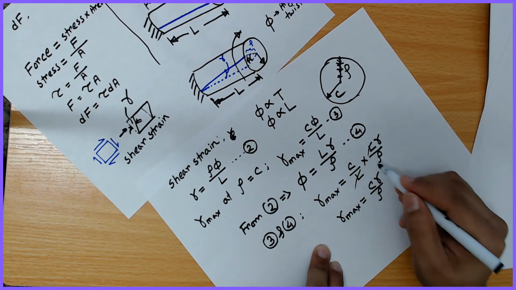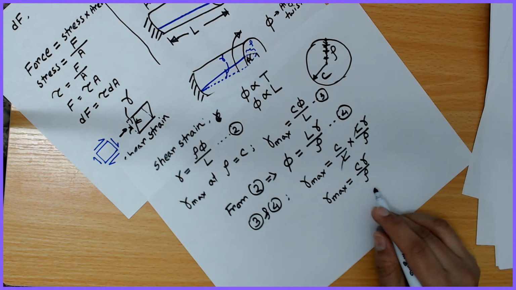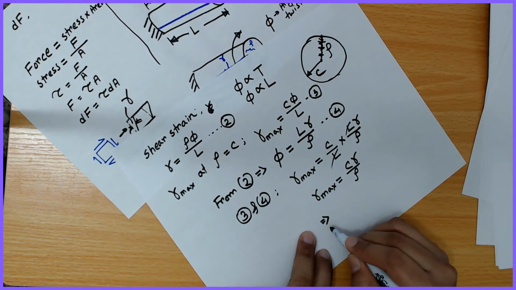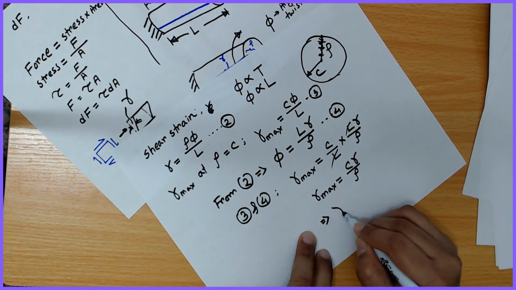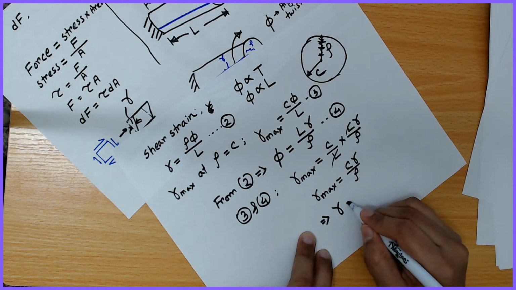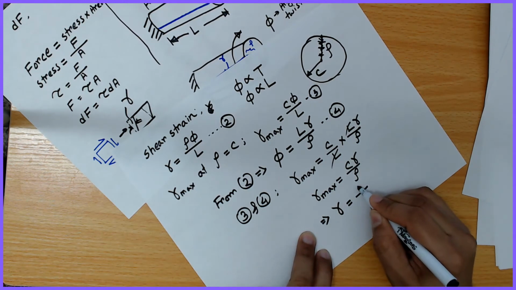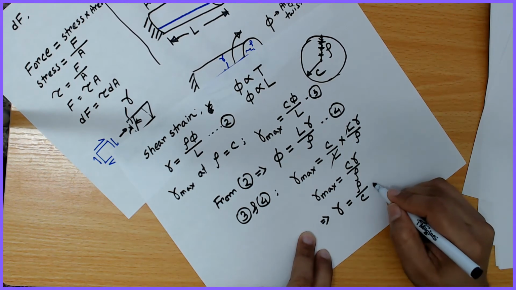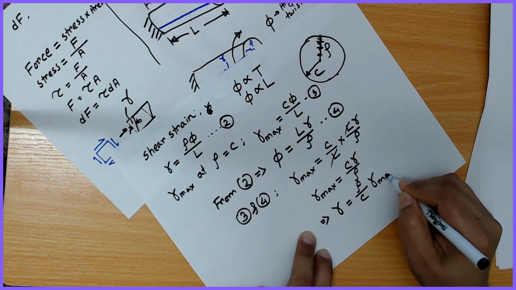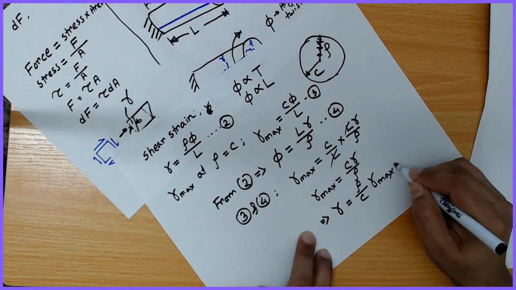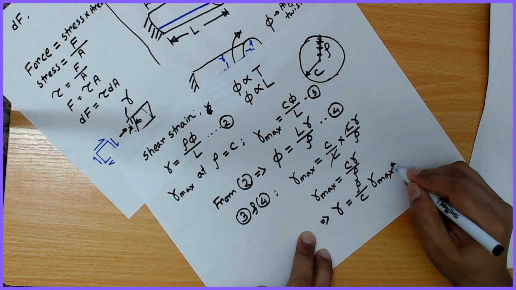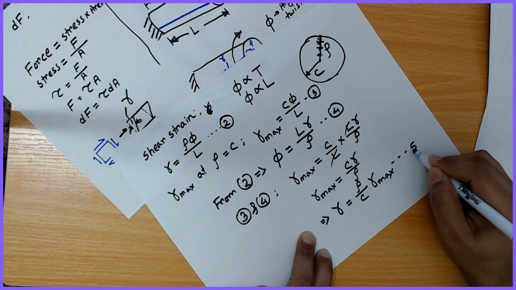We can cancel out L. To rearrange these, shear strain equal to rho by C multiplied by maximum shear strain. This is my equation 5.